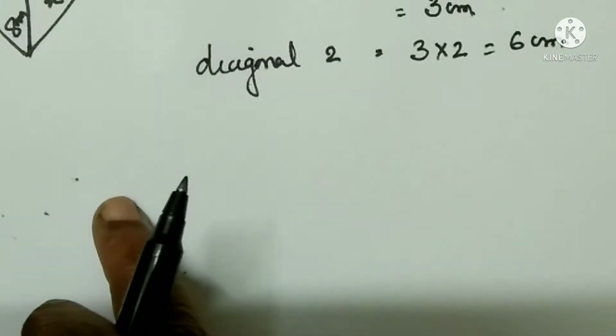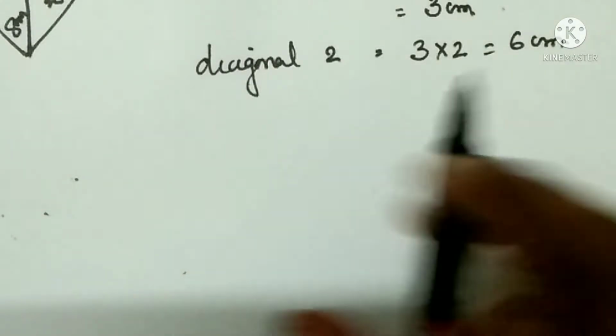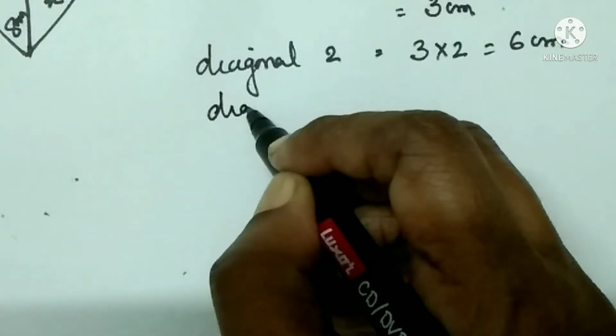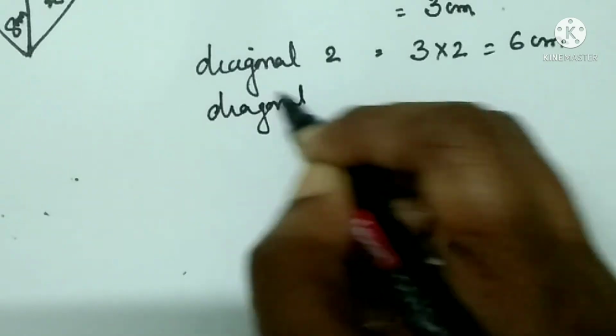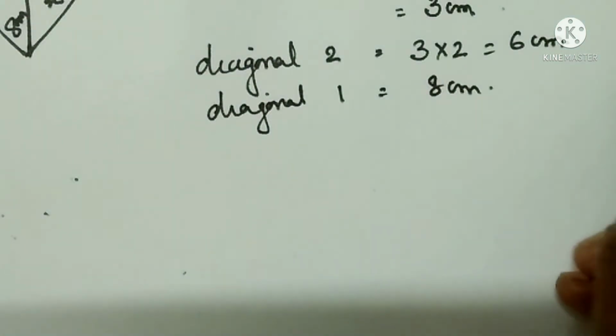So the first diagonal is how many centimeter? 8 centimeter. So diagonal 1 is 8 centimeter and diagonal 2 is 6 centimeter.